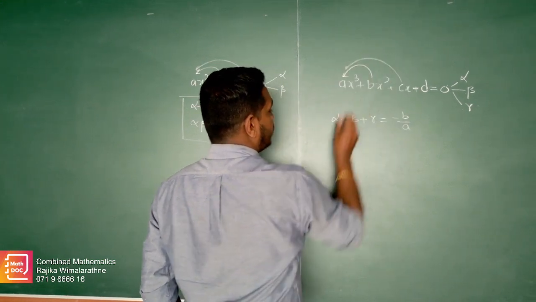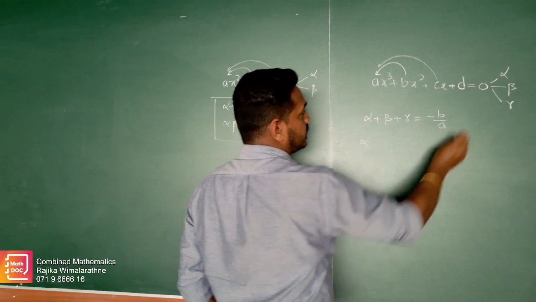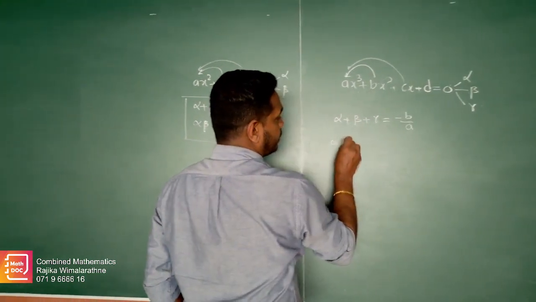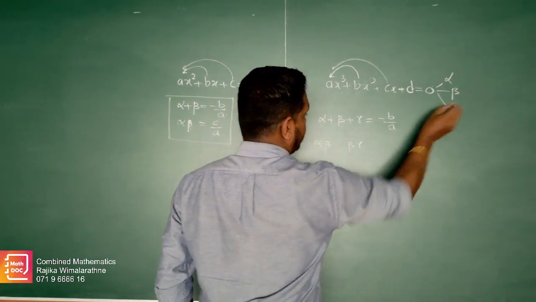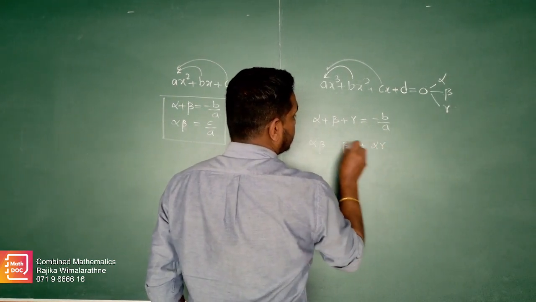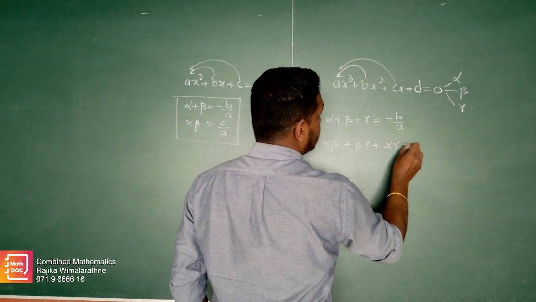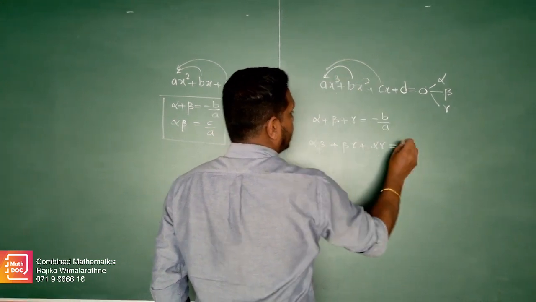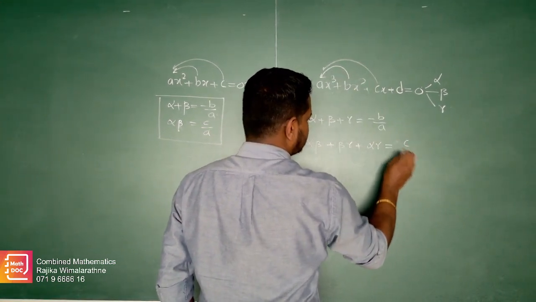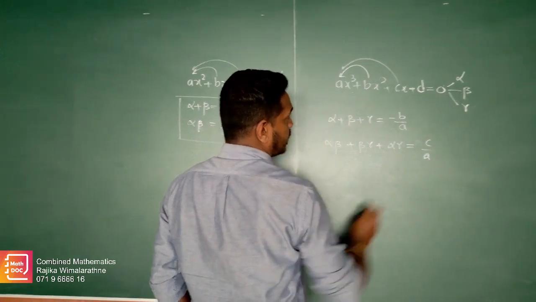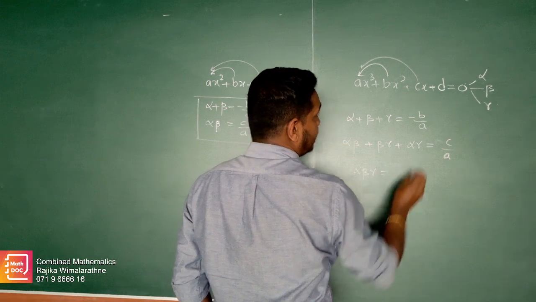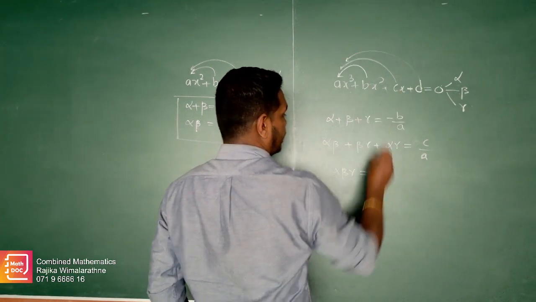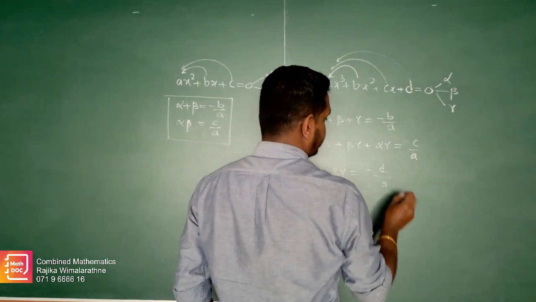Then the sum of the products of two roots, alpha beta, beta gamma, alpha gamma, this addition we say equals c divided by a. Then the product of the three roots, alpha beta gamma, equals minus d divided by a.